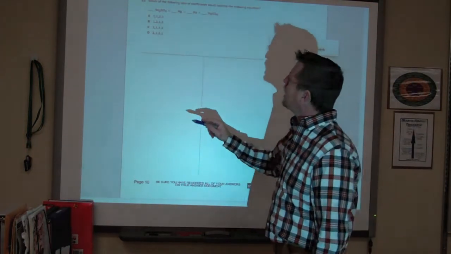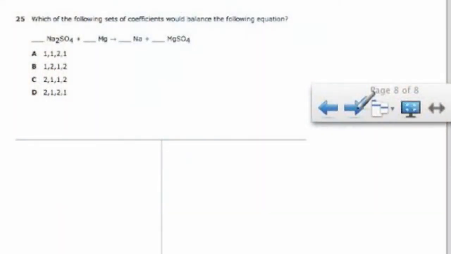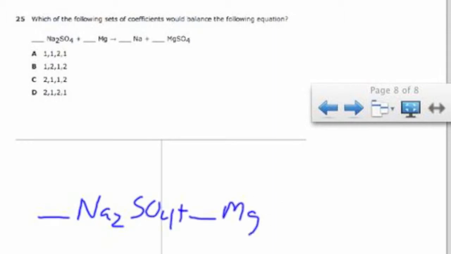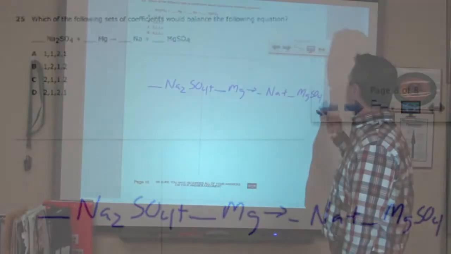Okay, 25. Last one, and balancing equations again. So we have Na2SO4 plus Mg yields Na plus MgSO4. Let's count them up.